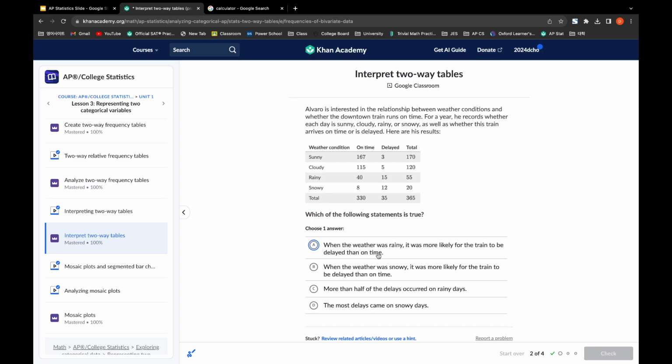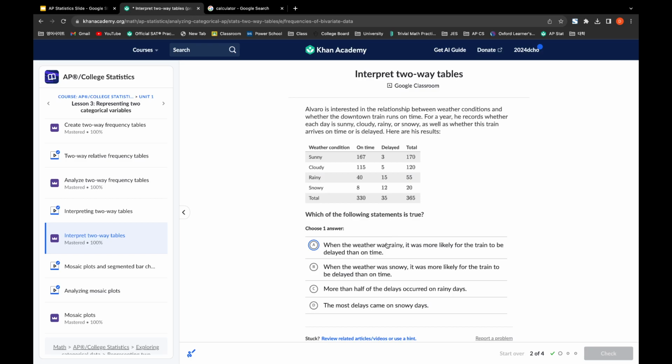So let's consider the days where it was rainy. It says more likely for the train to be delayed than on time. No, this is wrong because among those 55 rainy days, we had 40 days where the train was on time and only 15 days where the train was delayed.